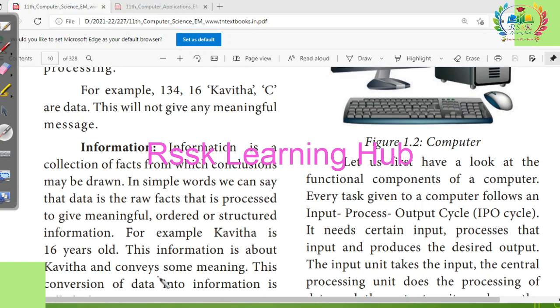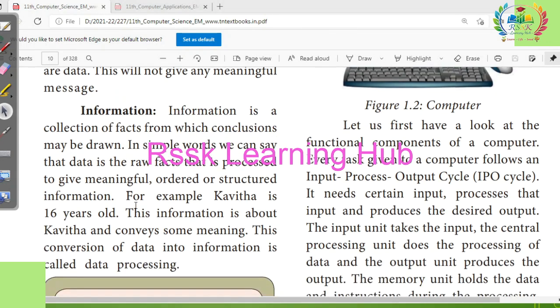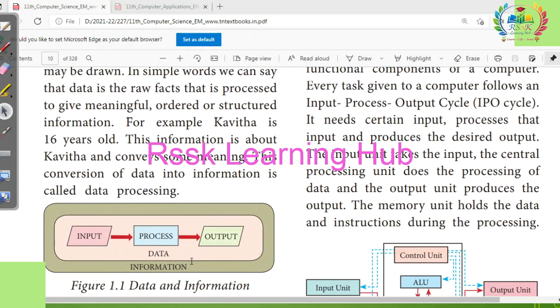The conversion of data into information is known as data processing. This is how data and information interrelate with each other. So input is your data, it processes the data and produces the output. So input, processing stage, then producing the output. This is the data flow part.